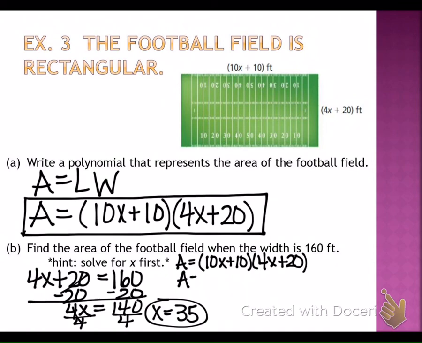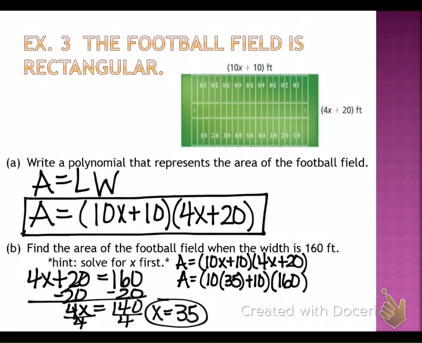So area equals, we just found out that x is 35, so I'm going to plug that in place of x, plus 10. However, we already know what 4x plus 20 equals. It told us. So instead of 4x plus 20, what can I put in that second set of parentheses? 160. All right, good. Could you plug 35 in and leave 4 times 35 plus 20? Absolutely. You get the same answer. But why do the extra work if we don't have to?